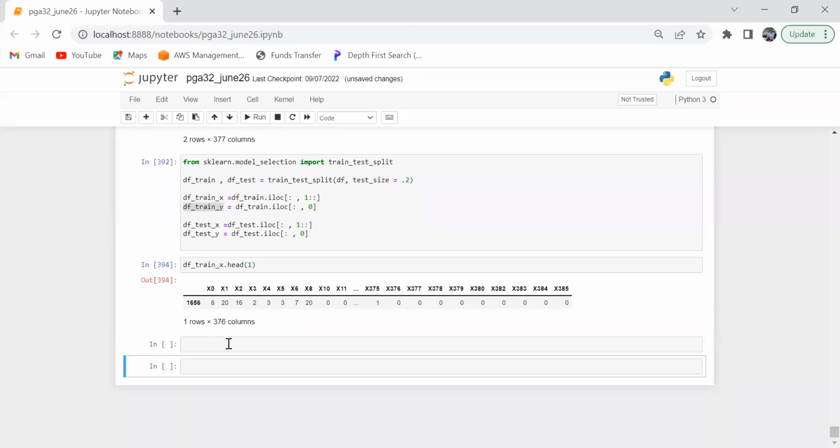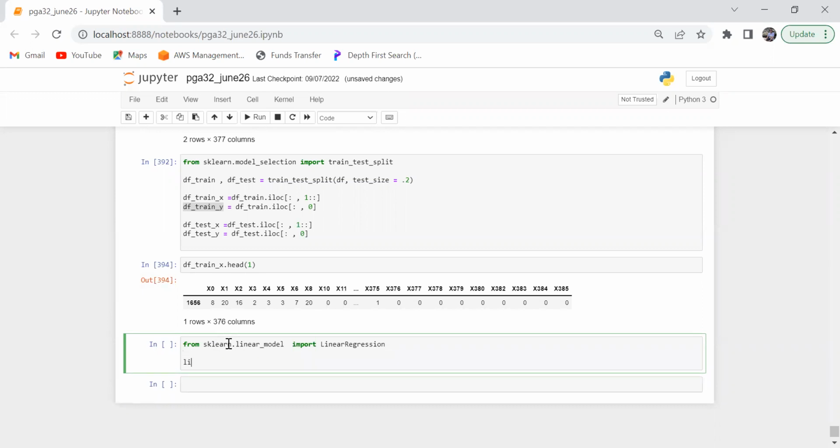Now let's go for model building. From sklearn dot linear model import LinearRegression. Linear regression equal to LinearRegression. एक इंस्टेंस क्रिएट कर लिया.